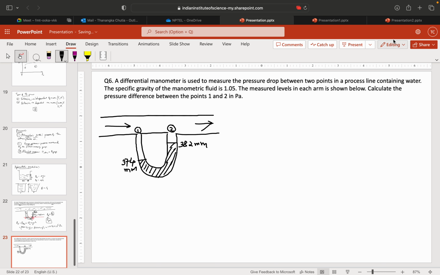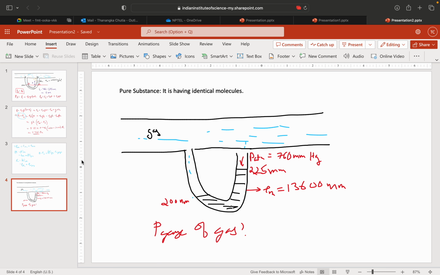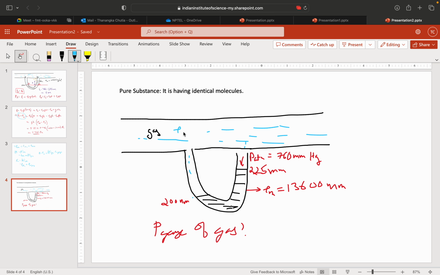Suppose now the density of the gas is also given, say 100, which is very high, but I'm just telling you. If the density of the gas is provided, then you can't ignore the hydrostatic effect.